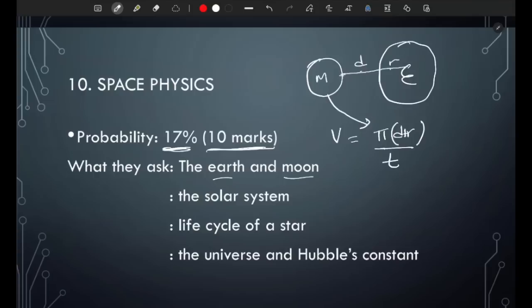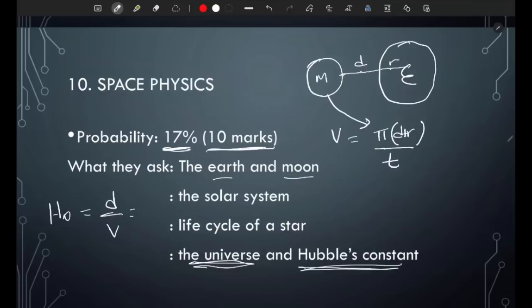The last one they can ask you, it's very popular. It's the universe and Hubble's constant. So Hubble's constant, the formula is the distance over the speed.